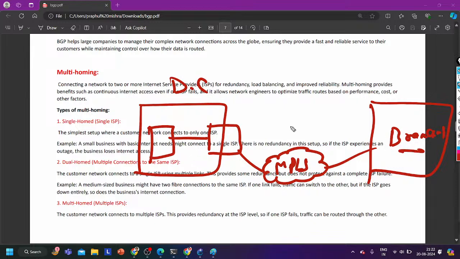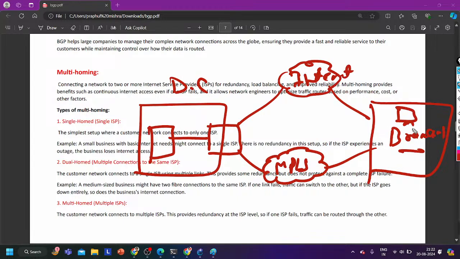But can branch users or users from the data center access the internet? No, right? So they need an internet connection. Let's suppose they have purchased the internet connection as well, like this. Now there is one user in branch office 1. Guys, tell me, can this user access the internet by using this link? No.